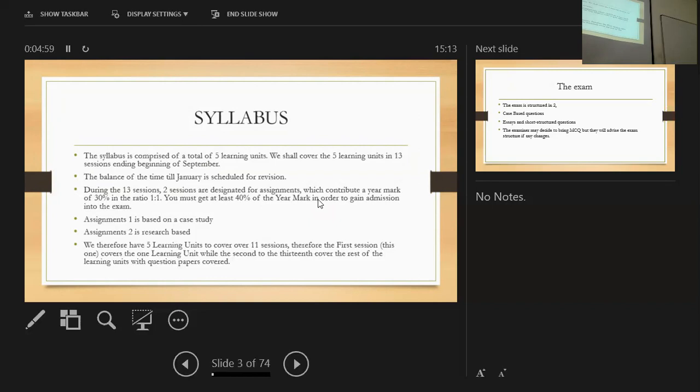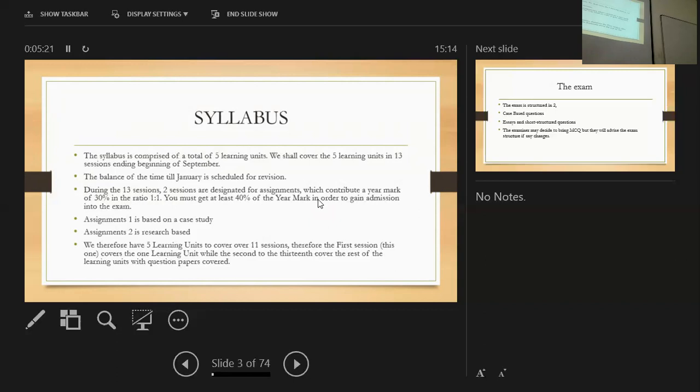You guys are going to attempt the assignments and submit them to me for marking. After I mark and review, I give you your feedback. Then you're going to submit after redoing the assignment.